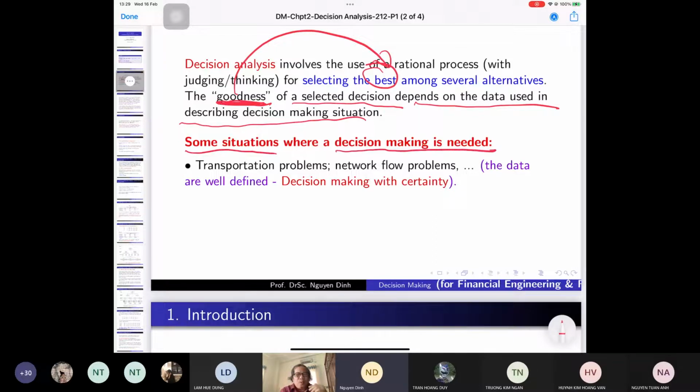That means the question is when will we need decision making. Decision making means making a decision. In which case do you need to make a decision? Many cases in our life, you need to make a decision.